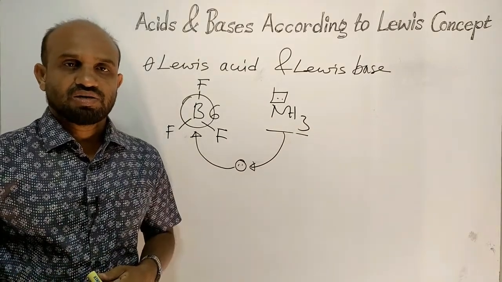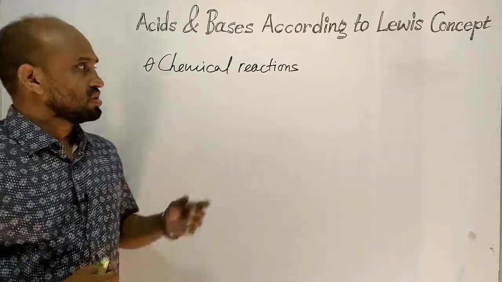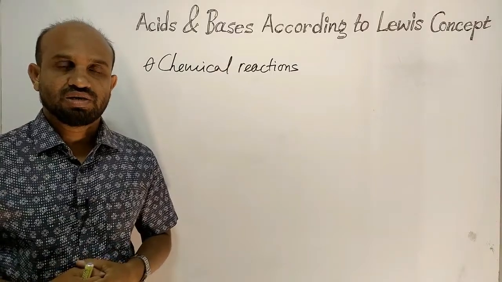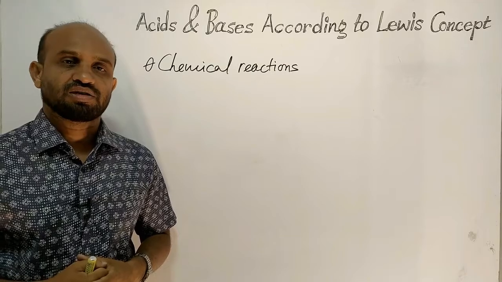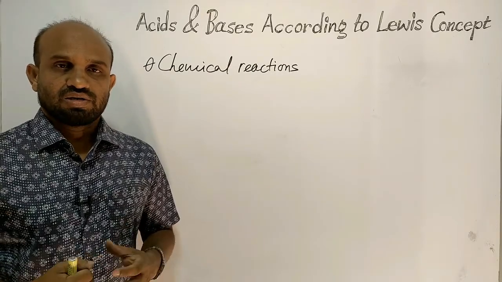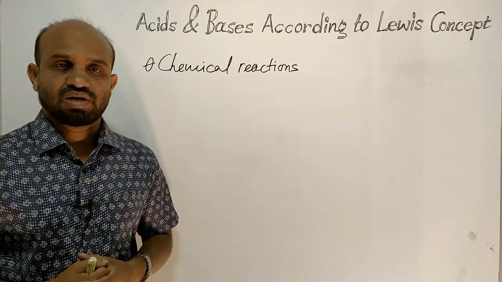Let's see the matter through some chemical reactions. Now the point is chemical reactions through which we can see Lewis acids are electron pair acceptors and Lewis bases are electron pair donors. The first reaction is between carbon dioxide and water.